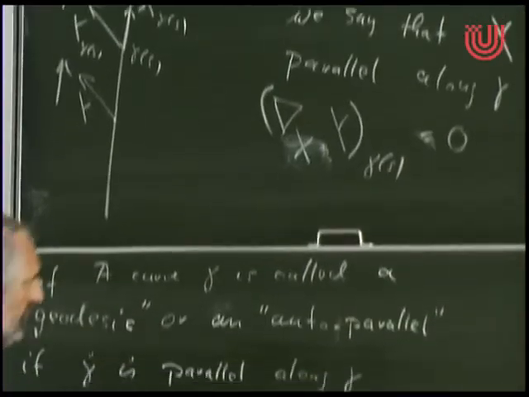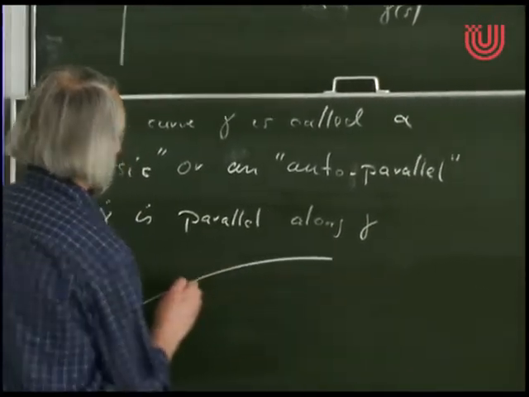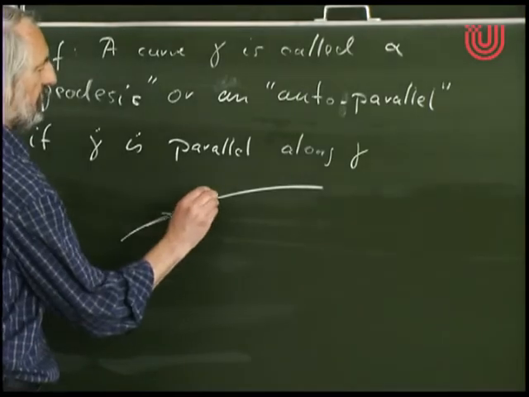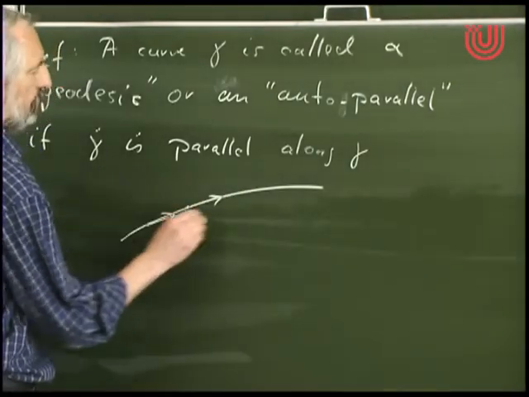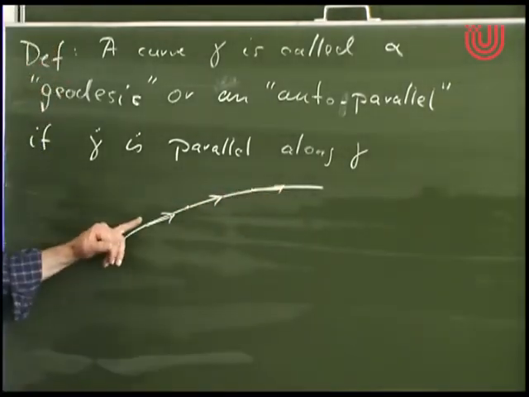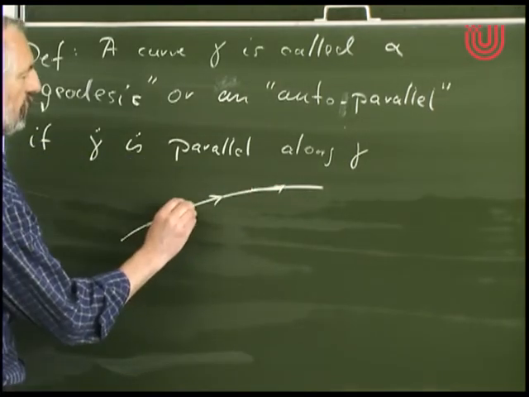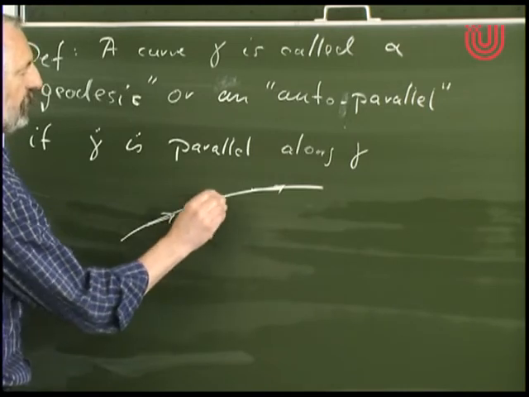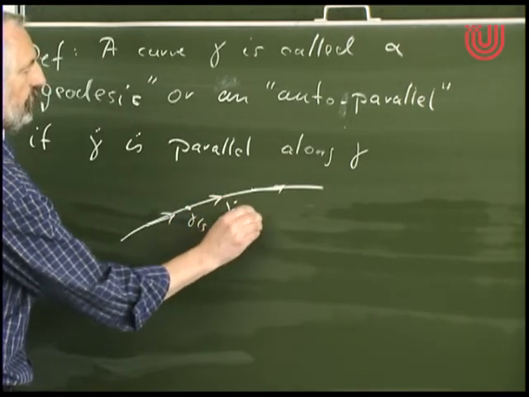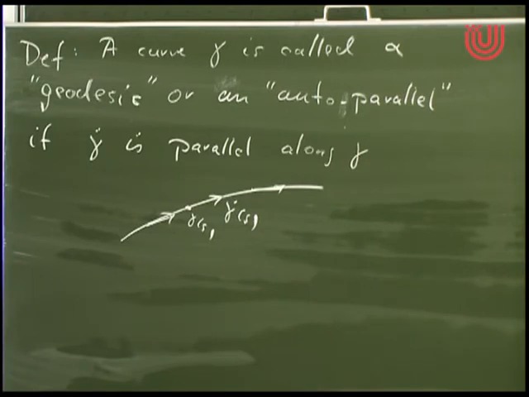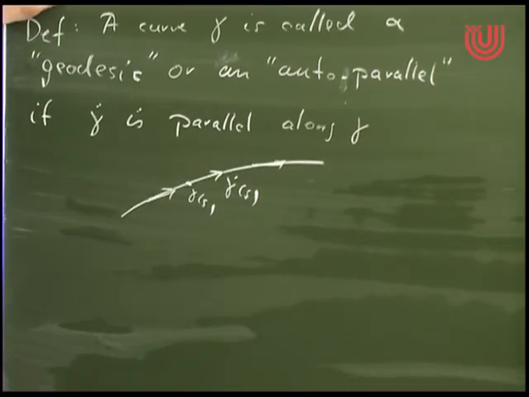And if this holds, then we say we have a geodesic. So that's something where the tangent field at one point results from the tangent field at another point just by parallel transport. So here the foot point is gamma of S, and the arrow is gamma dot of S. So that's how geodesics can be defined with the help of a connection.